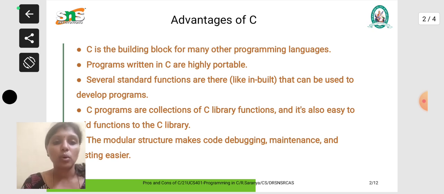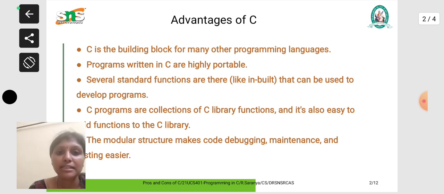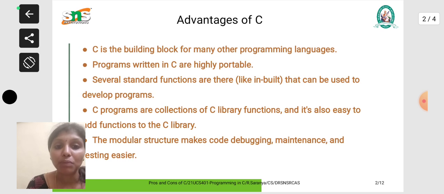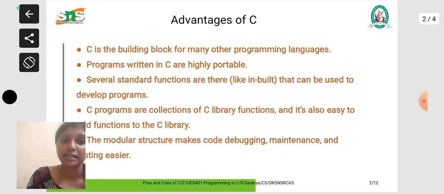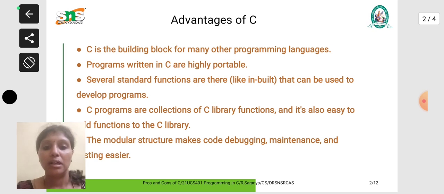C programs are a collection of C library functions, and it's also easy to add some functions to the C library functions. At the same time, the modular structure makes code debugging, maintenance and all very easy.